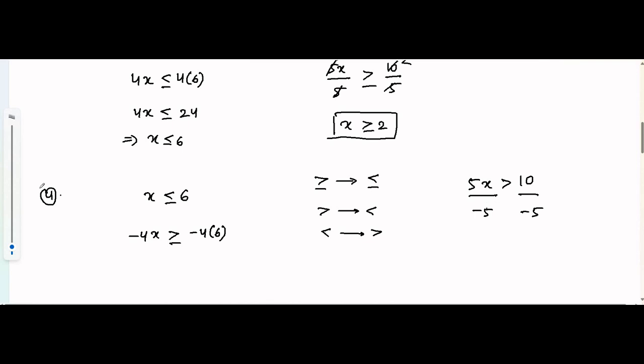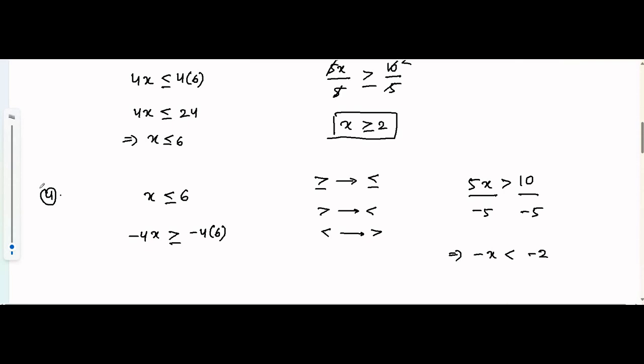So in this case it becomes minus x, and here it is equal to minus 2. In this case, the sign of inequality will reverse. It will reverse its direction. The sign of inequality will reverse.